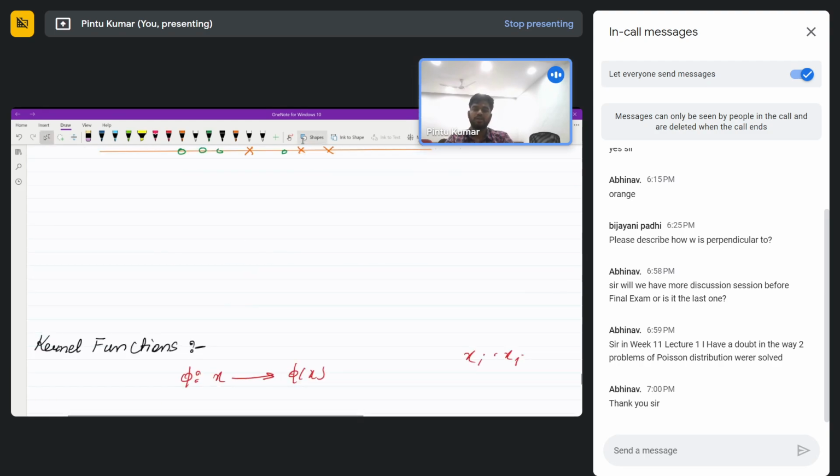Let's take a cluster of two-dimensional data points. Something like this, you have some orange points and you have some green points. Clearly, this is not separable by any line. Although it is separable by this circle, it is not separable by a line. So what if we define a new feature?